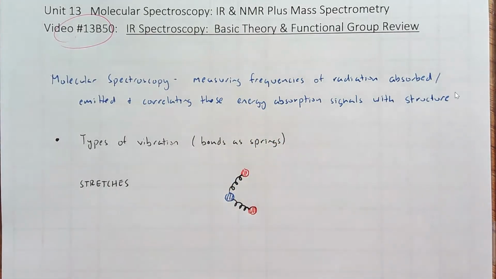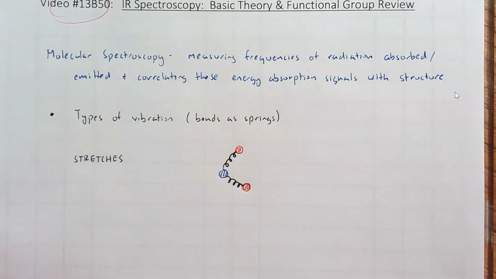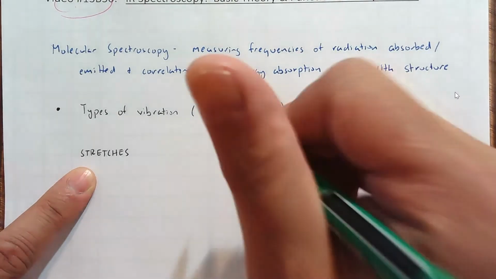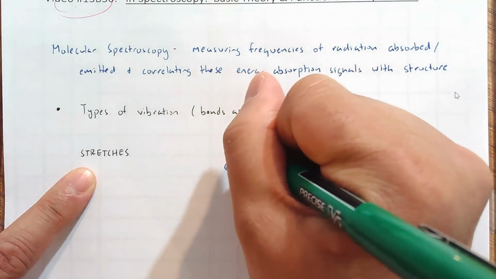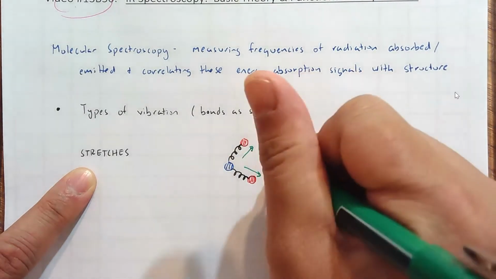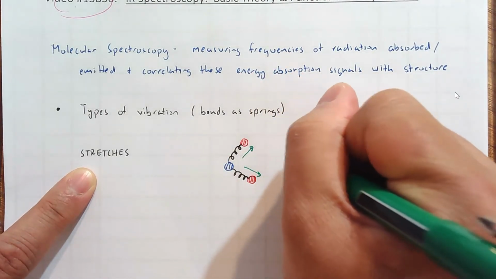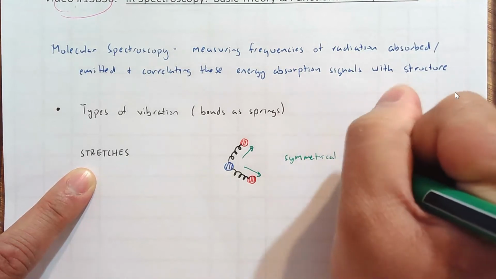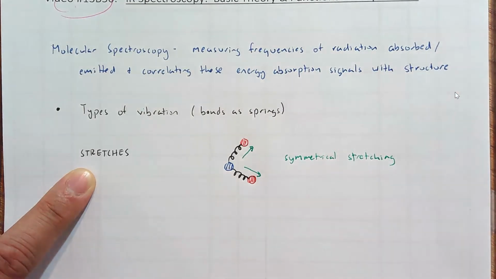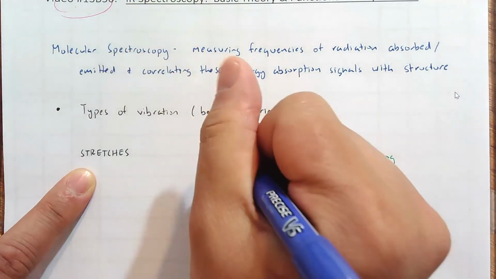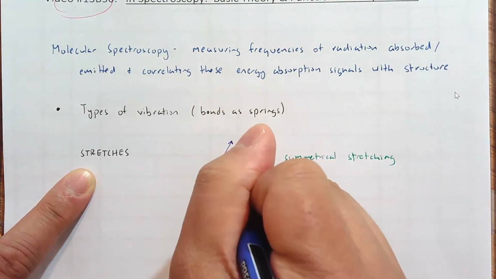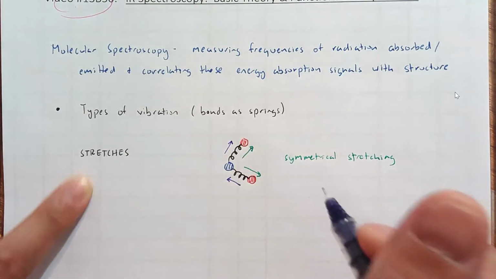Okay, you know that molecules are dynamic, they're vibrating. In this case, I'm going to show you a stretch, and if the red atom goes outward that way, and this one goes outward that way, that's called symmetrical stretching. Now, if they go in this direction, let's say we still keep this red atom going out this way, but this red atom now comes in, that's called asymmetrical.